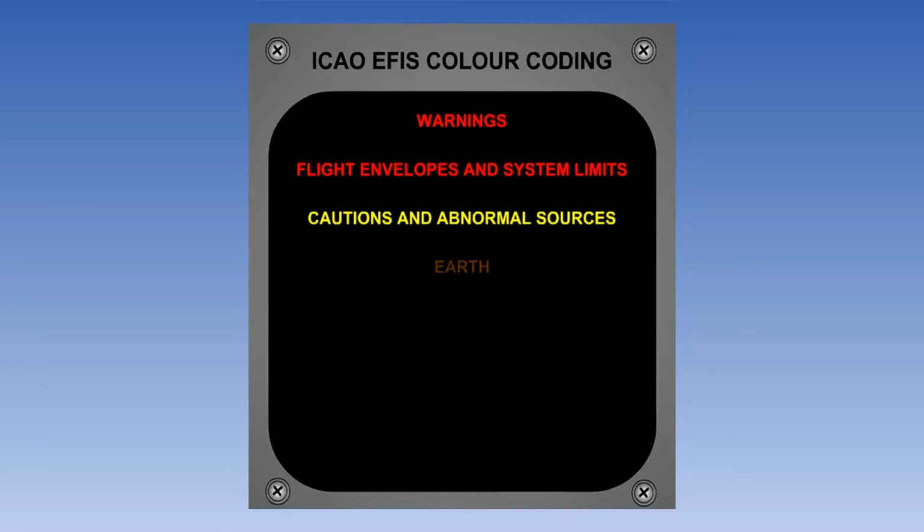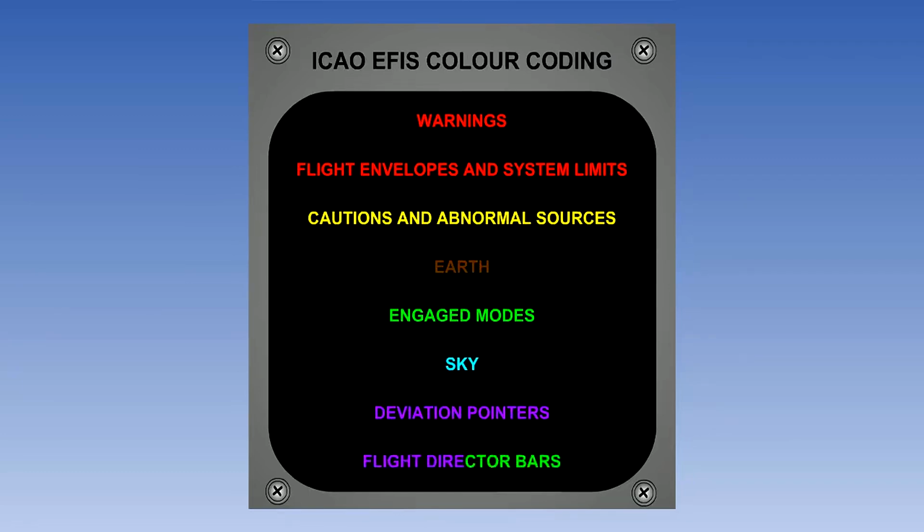The ground on attitude director indicators is a tan brown color. Engaged modes are shown in green. Cyan or blue is used for the sky. Deviation pointers, as with all demands or commands, are in magenta. Flight director bars can be in magenta or green.